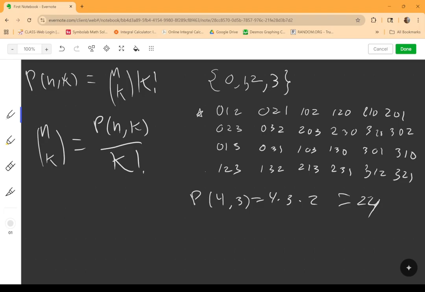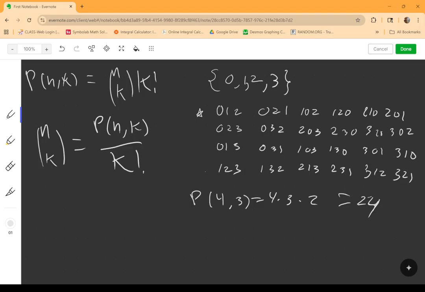It's all the different ways that we can permute 0, 1, and 2. And we could say that there's 6 ways, right? That makes sense, that would be 3 factorial, which is 6.